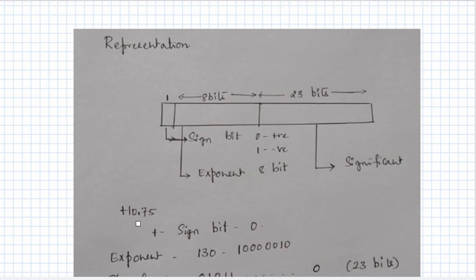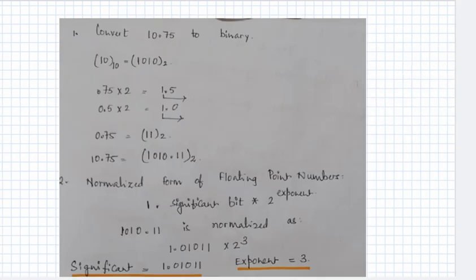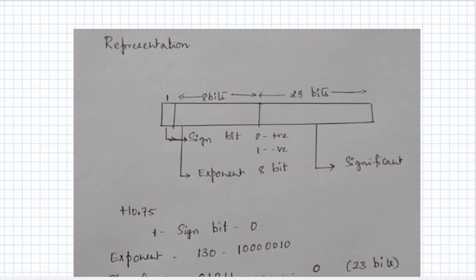So for plus 10.75, the sign is plus, so the sign bit is 0, then the exponent we calculated previously, and finally the significant we just calculated, 01011, followed by zeros until it reaches 23 bits. So this is how a floating point number is stored.